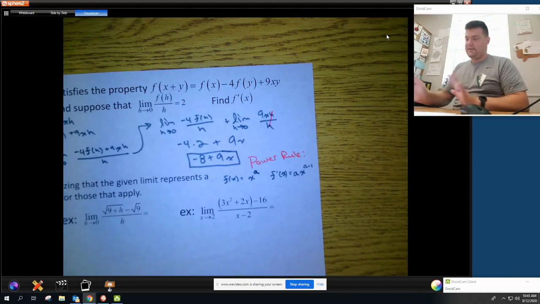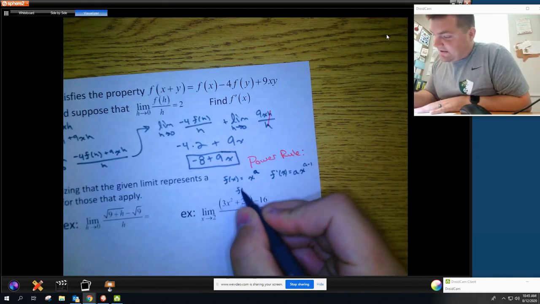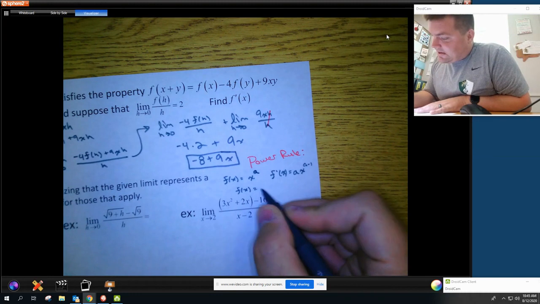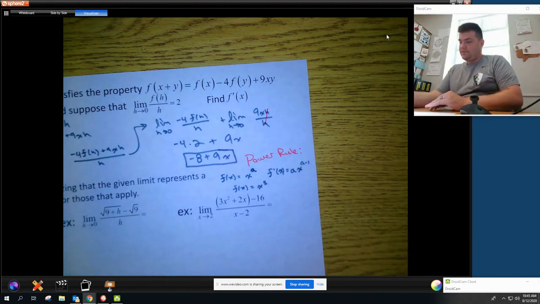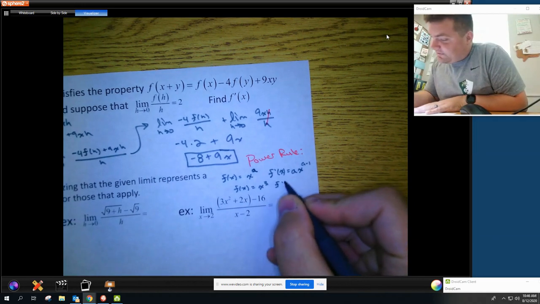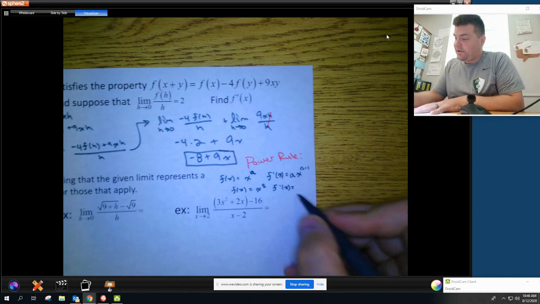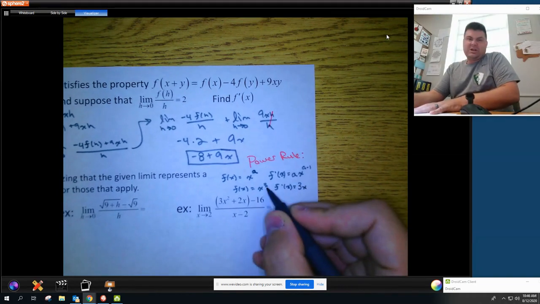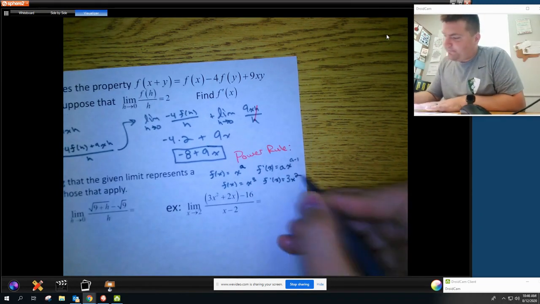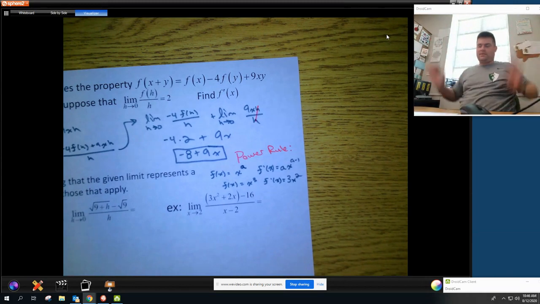What I mean by that is if I have an x to the third, the derivative is going to be multiply that power in front, so it'd be 3, x to the, just take away 1 from the power. Super easy way to find the derivative.